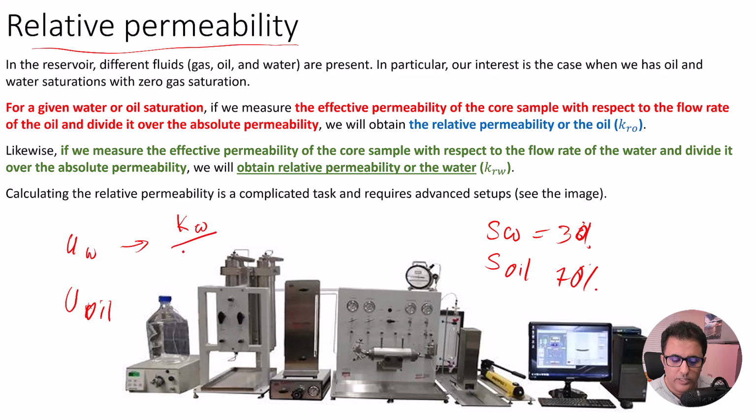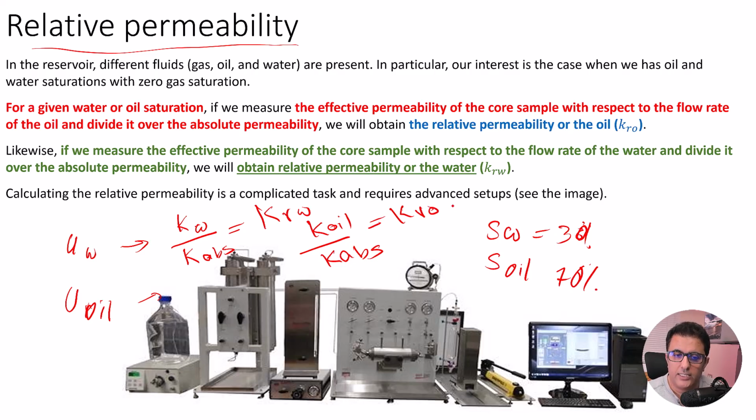Then, by dividing by the absolute permeability, we can calculate the relative permeability for water. Similarly, we can do the same thing for oil to obtain the relative permeability for oil.